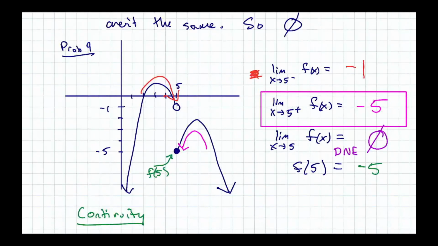That's what we were talking about up here when we said these two numbers have to be equal in order for this one to exist. So if these two are equal, then the third one will be equal. If this was -1 and -1, then this would be -1. And if the first three are equal, and the fourth one is also equal, then that's continuity.